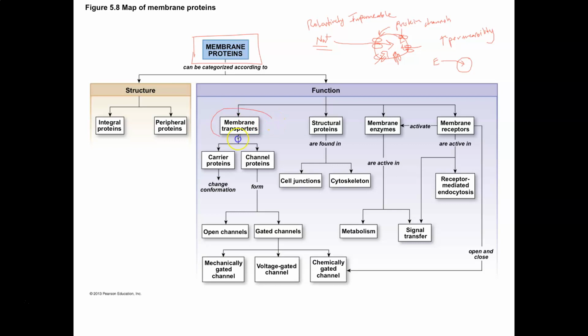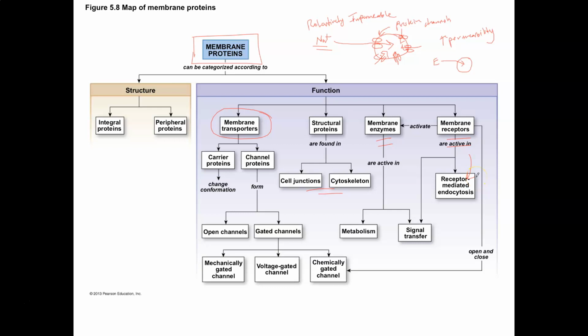So we're focusing on membrane transport, but you have to remember that proteins in the plasma membrane are structural proteins. They're enzymes in the membrane. There are lots of receptors for various chemical signaling, or even involved in transport processes like receptor-mediated endocytosis.